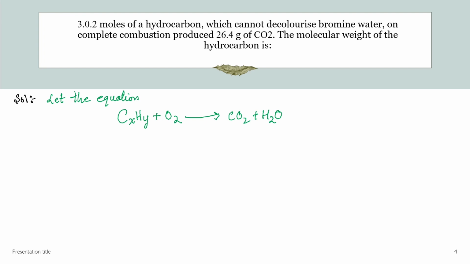Here they have already given 0.2 moles of hydrocarbon. As we are taking the hydrocarbon as CxHy, it contains 0.2 mole. And the given is 26.4 grams, and for 0.2 mole we are getting 26.4 grams.